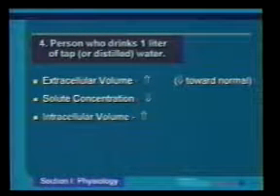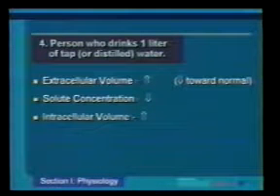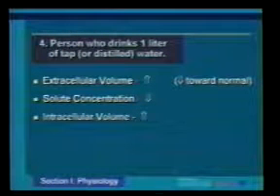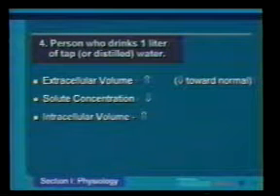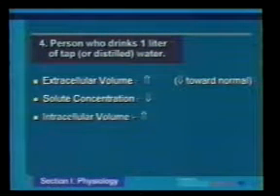Now, as I said, that is considered a very discriminating question. Only those individuals who really understand the theory are supposed to be able to work this through. Now, the fourth and last one I'll go through here represents a situation where a person drinks 1 liter of tap water, or they could say 1 liter of distilled water. You are to assume that tap water does not contain any dissolved salts.